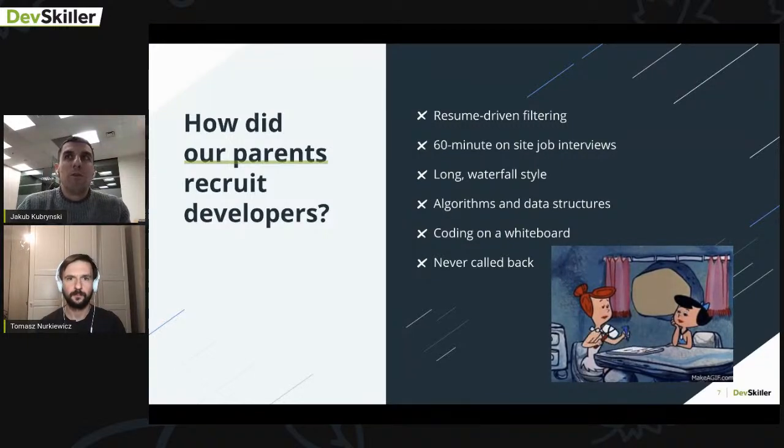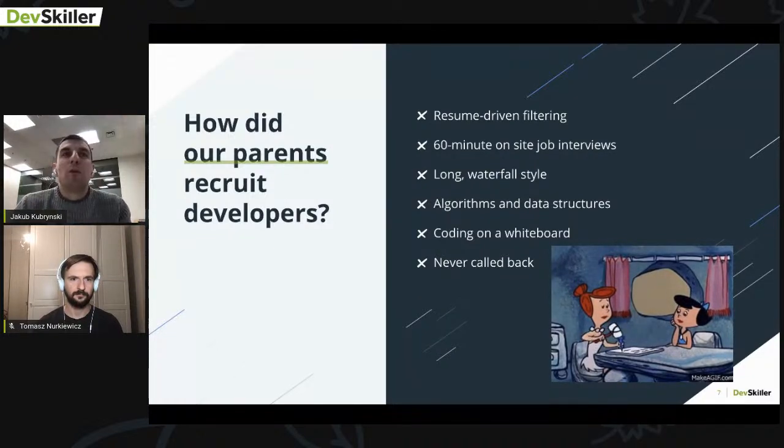And for all of you who are working with developers on a daily basis, you know that developers are not the best salespeople, or they don't have pretty good marketing skills. A lot of great developers I know had a really, really poor CV, and you probably wouldn't even decide to call them just based on the CV. That's why resume-driven filtering is not so great.